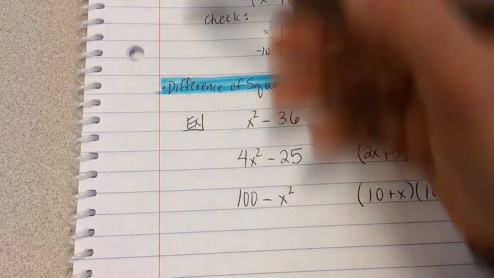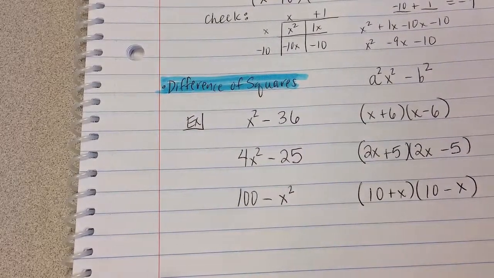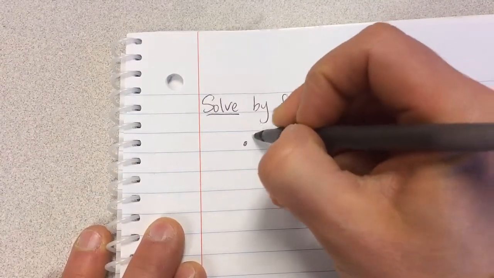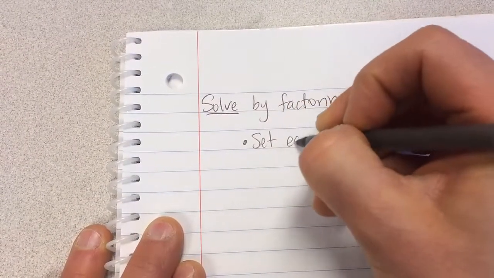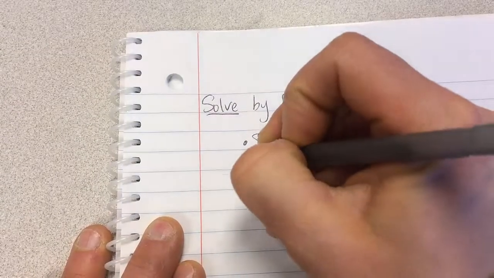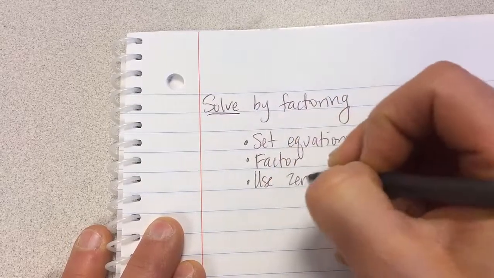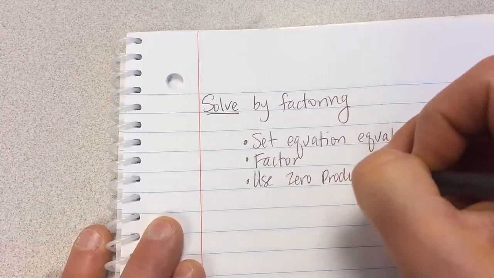Now, sometimes some of these strategies can get mixed together. What we're going to talk about is just to remind you that the reason why we learned all this factoring is so that we could solve by factoring. And remember, we said set the equation equal to 0, factor, and then use the zero product property.